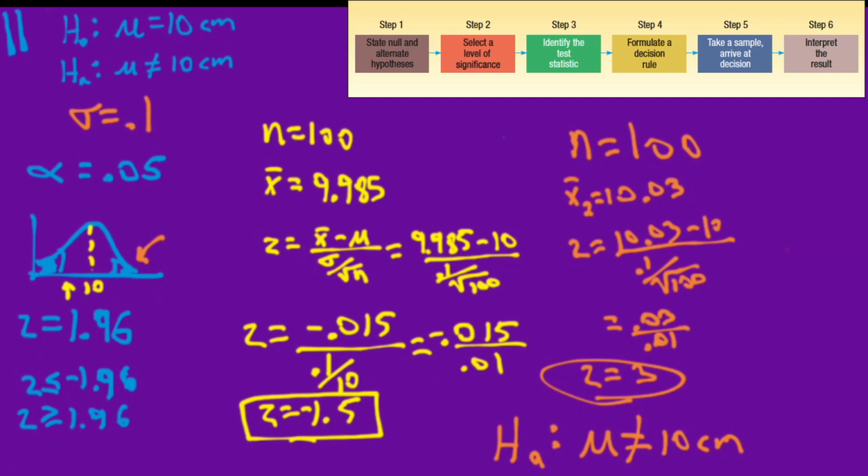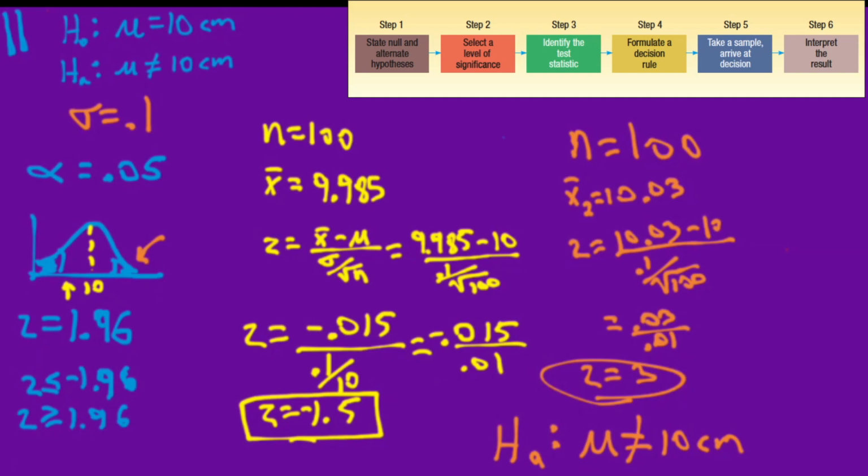So we found a z-score of negative 1.5. We didn't have enough evidence to reject the null. Again, we have not proved that the mean is 10 centimeters, but we have not shown statistical evidence enough to hit the big red button and shut down production.